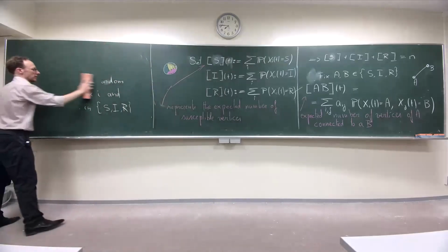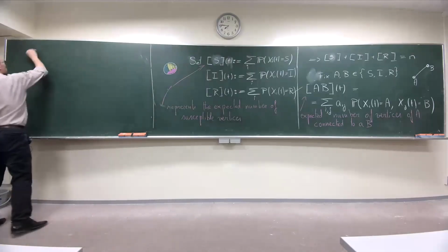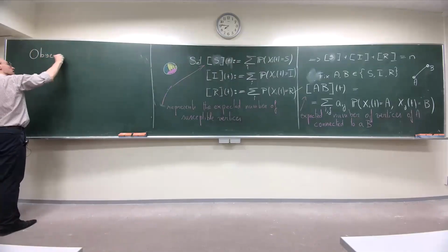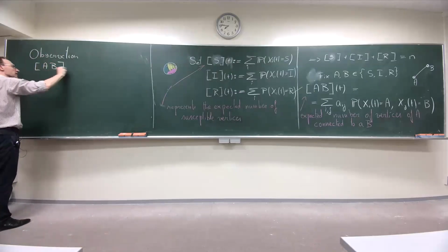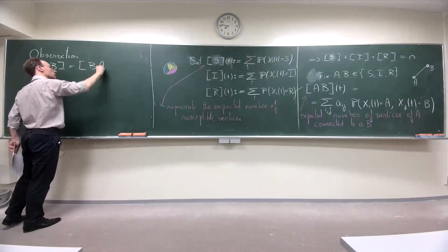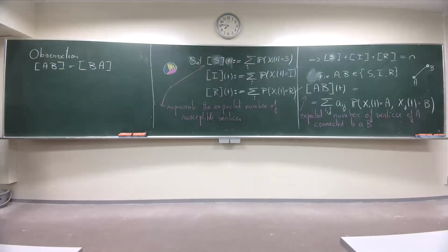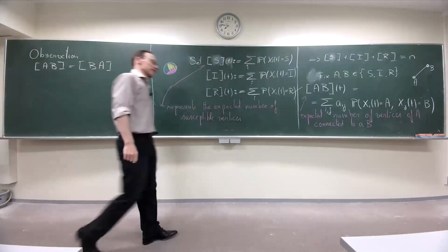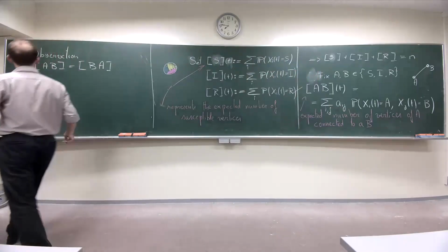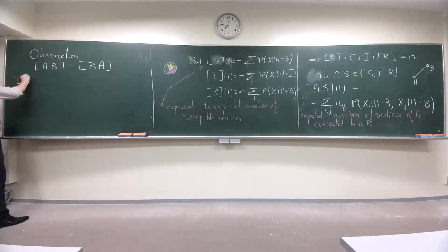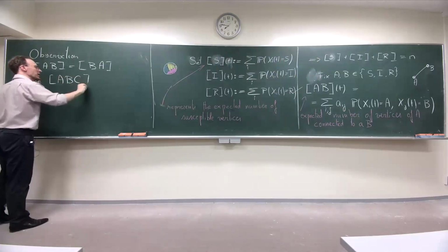Okay, what is the end of this game? Because I can continue. First observation. It's quite easy to see that this definition AB is equal to BA. Why? It's an undirected graph and this matrix is symmetric. But now I can define, and I will stop there, because I can go on forever, ABC.